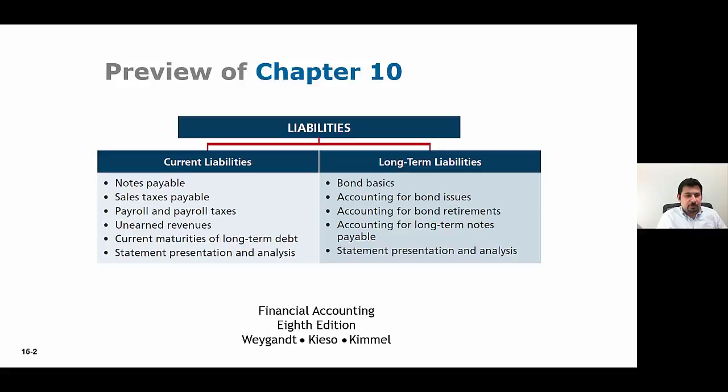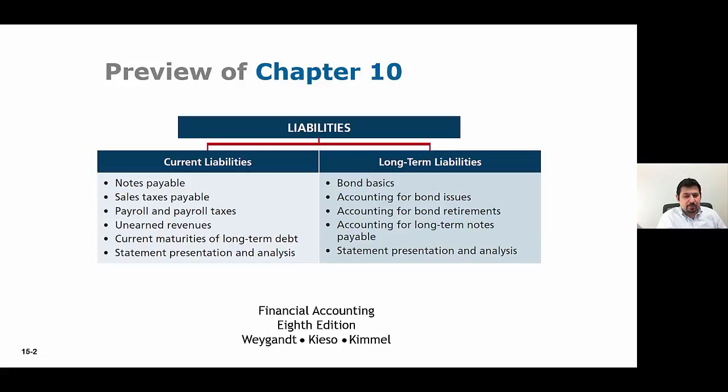On the balance sheet, the company would include those under those two parts of liabilities. They would include current liabilities first, and then long-term liabilities. As we mentioned before, current liabilities would also include unearned revenues. They include payroll and payroll taxes.